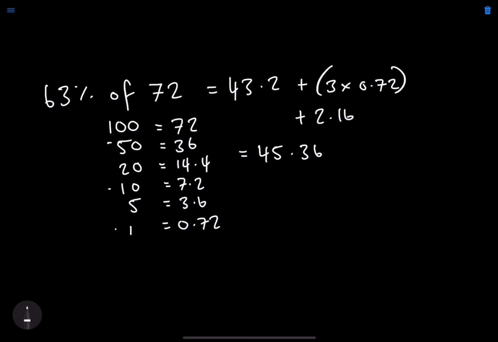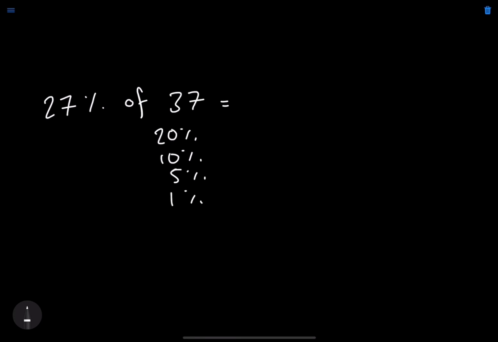So I'll rub out the board again. I'll do a slightly more complex example. So 27% of 37. So again, without a calculator, you'd probably find this quite difficult to do. Certainly can't do it in my head. So what I'll do this time is I'll just write out what I think I need. So 20%, 10%, 5%, and 1%.